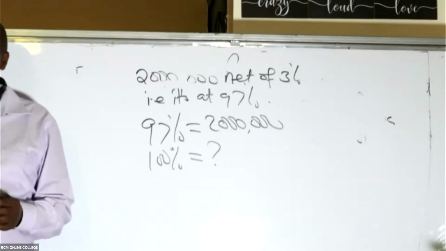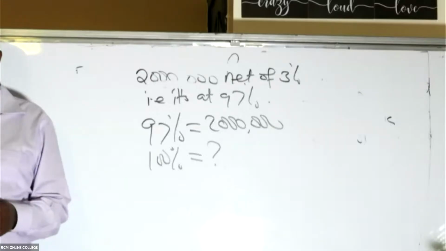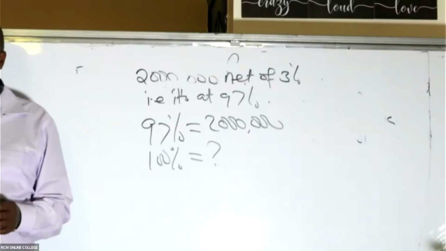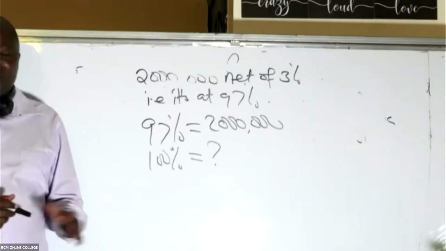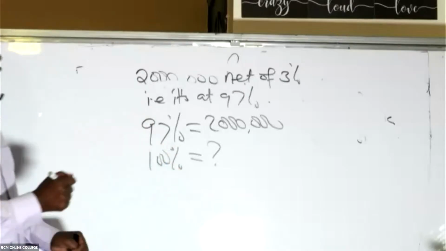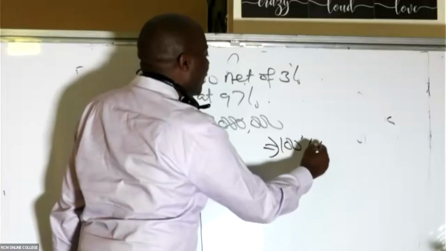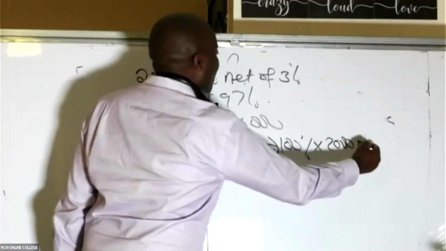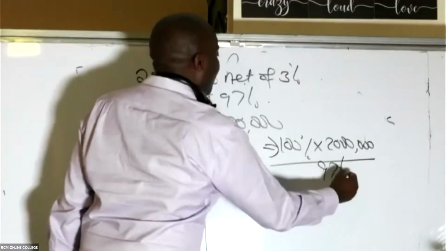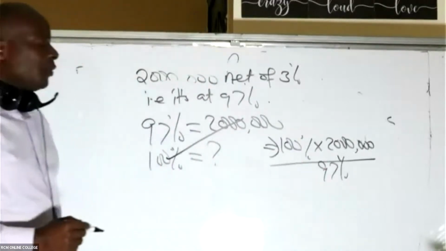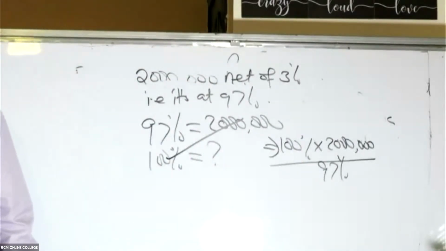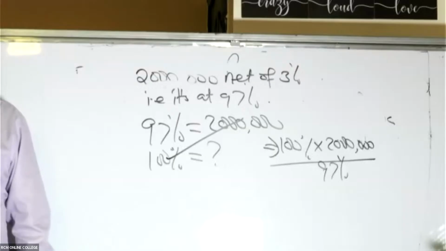Are you able to do the abracadabra? If you cross multiply, you can even omit the percentages. So if you cross multiply, this would be 100% times 2 million divided by 97%. Is there somebody who is able to give me this figure? Quite an ugly figure.